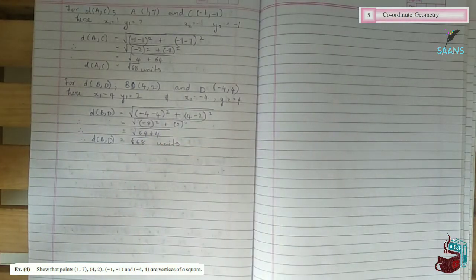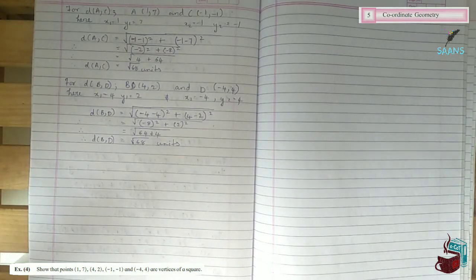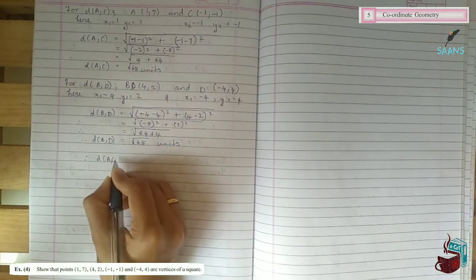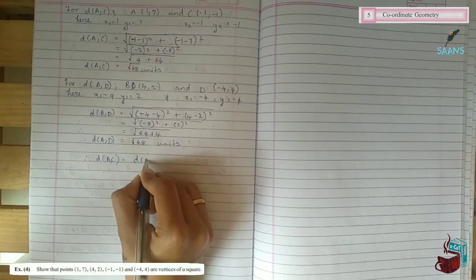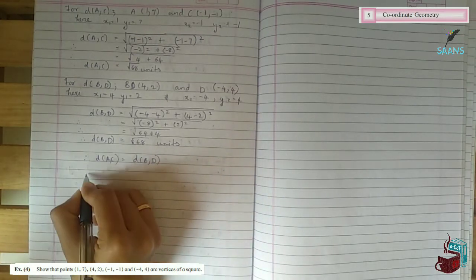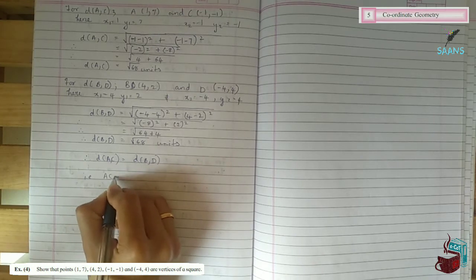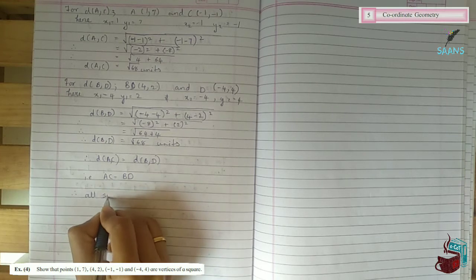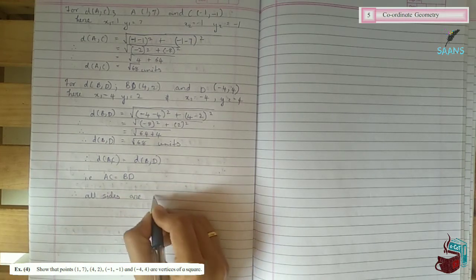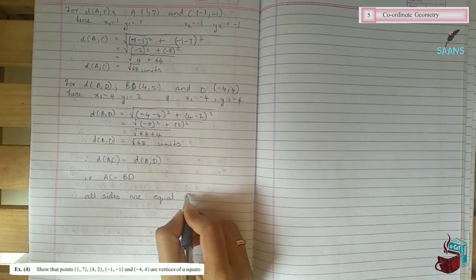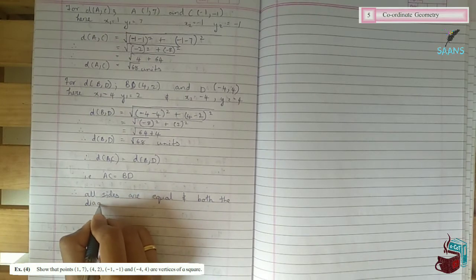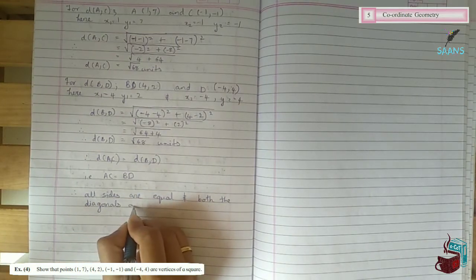Now by this we also come to know that distance AC is equal to distance BD, that is AC equals BD. Therefore all sides are equal and both the diagonals are equal.